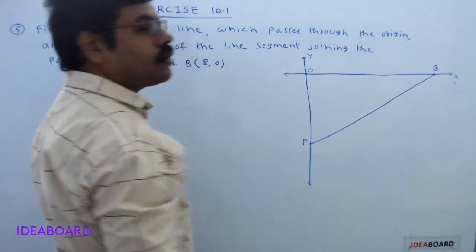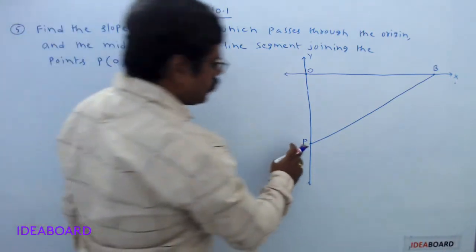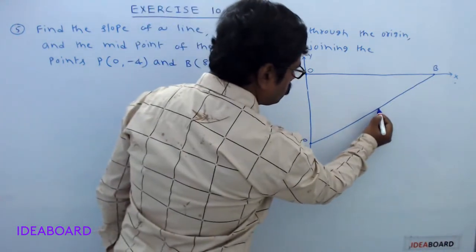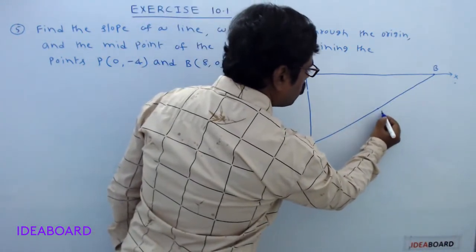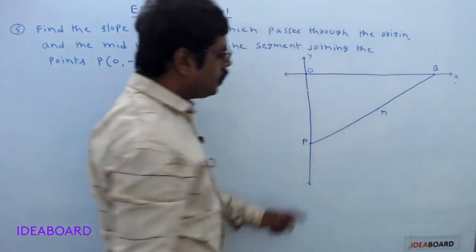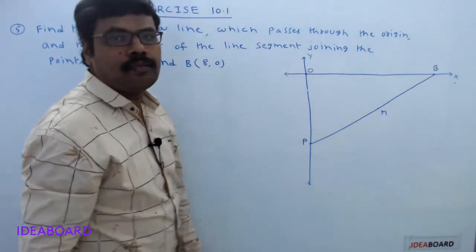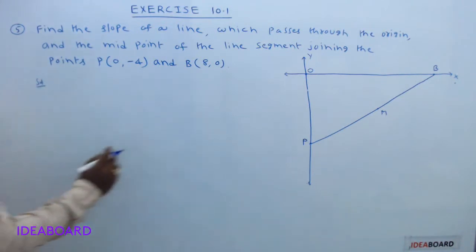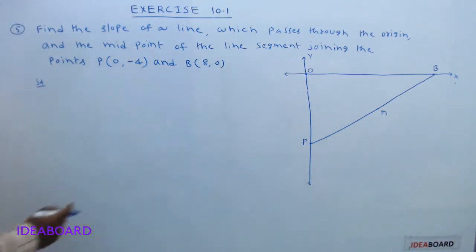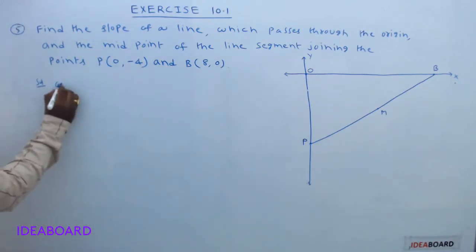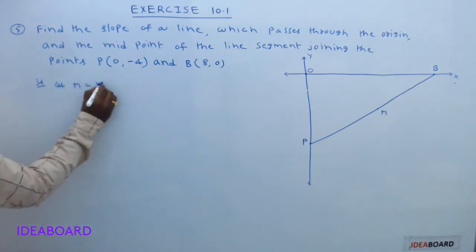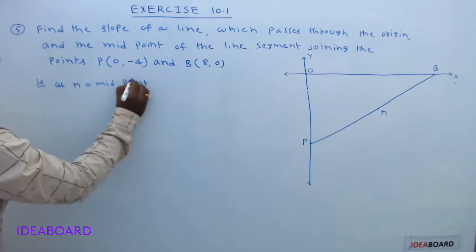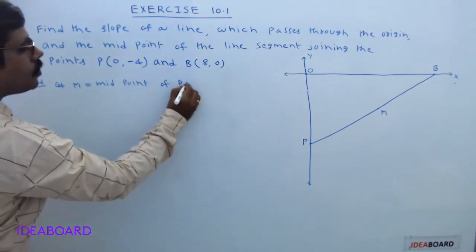Now first calculate the midpoint of these 2 points, that is P and B. Suppose M is the midpoint of P and B. Come to the solution. Calculate the midpoint of P and B. Let M equal to midpoint of PB.